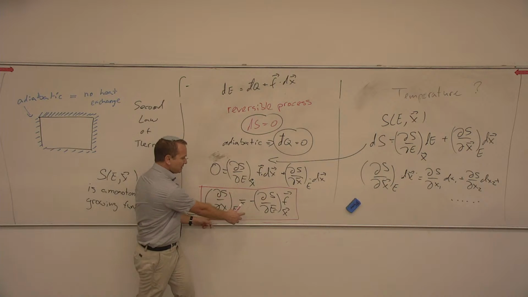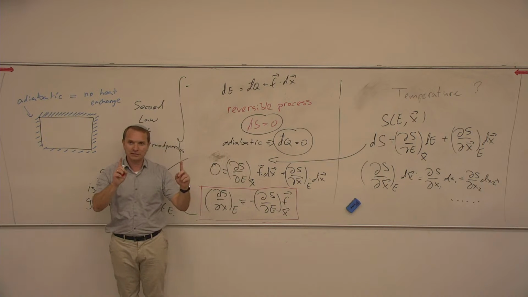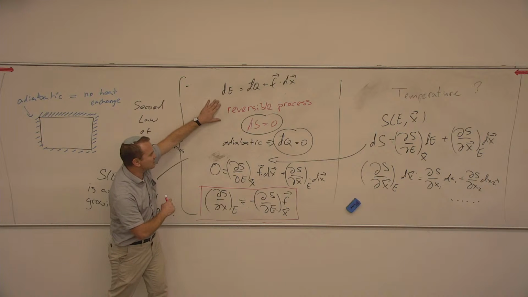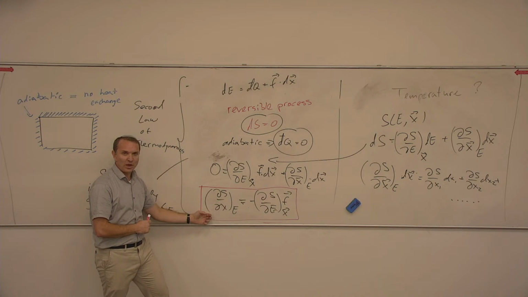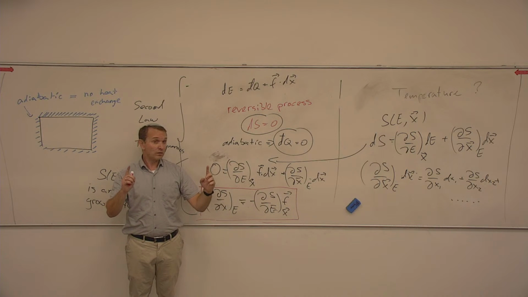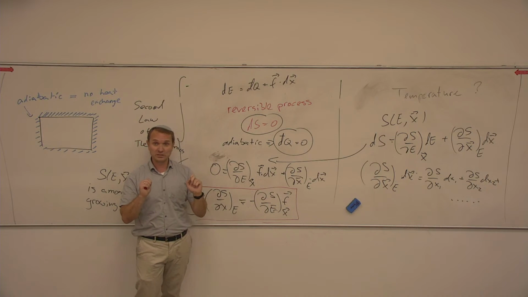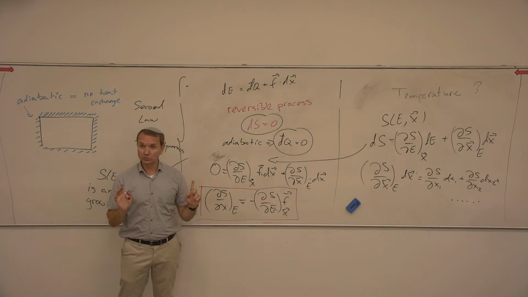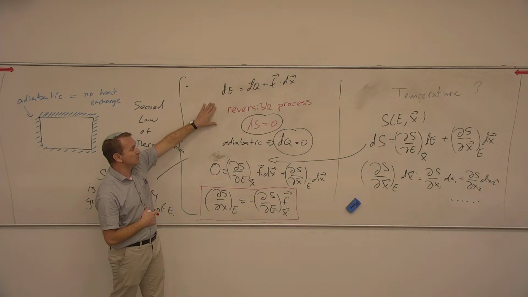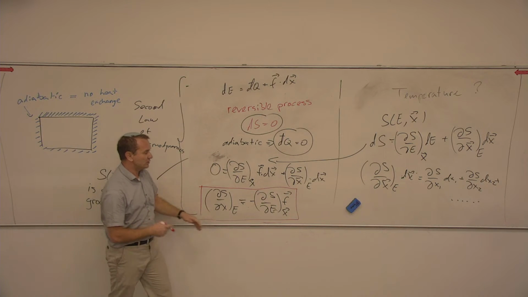This guy connects equilibrium states. So I can forget about reversible processes, adiabatic processes, etc. If those are two equilibrium states that are connected by this equation, it will always hold. I'm forgetting about the reversible, adiabatic, so this is very general.